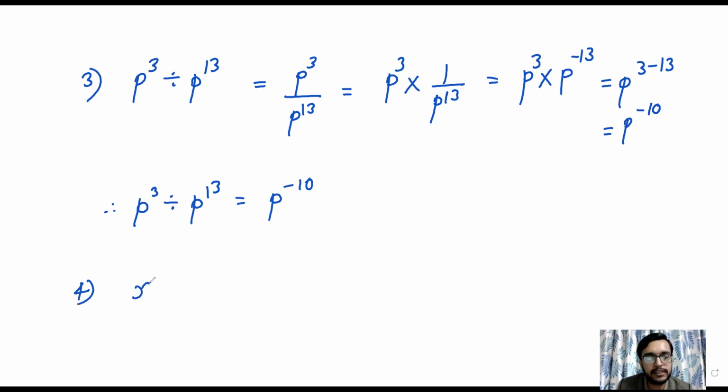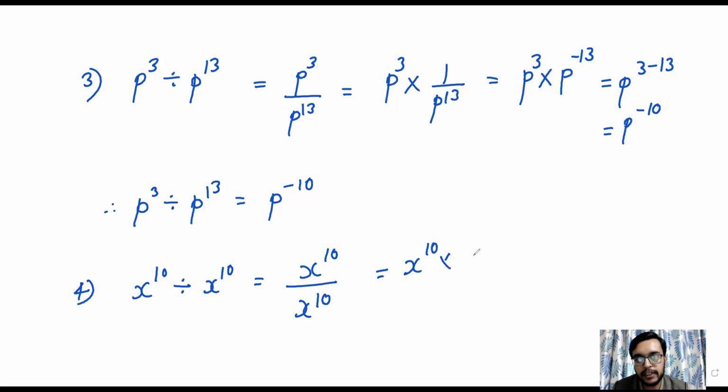Now the fourth one is x raised to power 10 divided by x raised to power 10. This can be solved as x raised to power 10 upon x raised to power 10. It is 1, or you can write x raised to power 10 into 1 upon x raised to power 10, equal to x raised to power 10 into x raised to power minus 10.